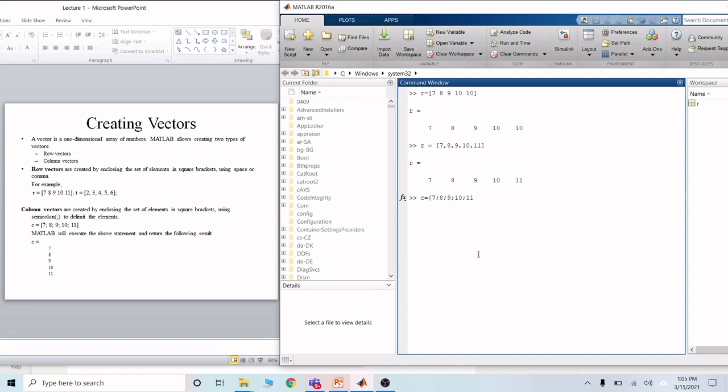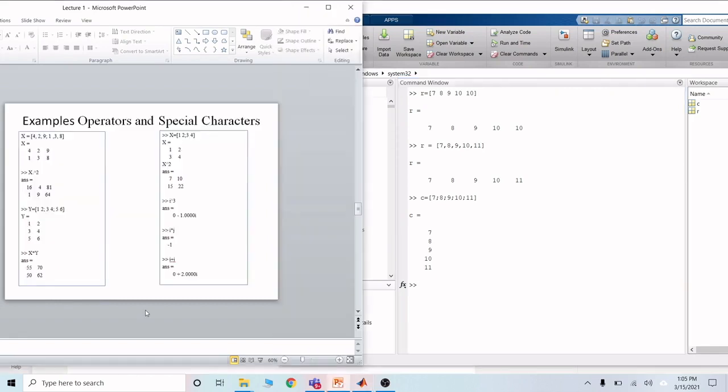Semicolon separates the rows, because in the column vector there are 5 rows in C. This is the column vector 7, 8, 9, 10, 11. You can say that in this array there are 5 rows, and R has 5 columns and 1 row. For separating the rows, we use semicolon.